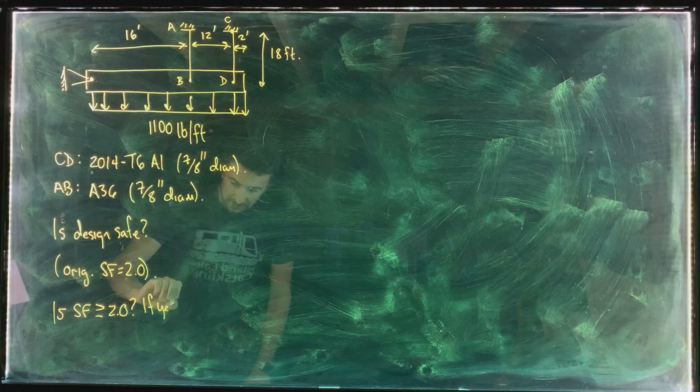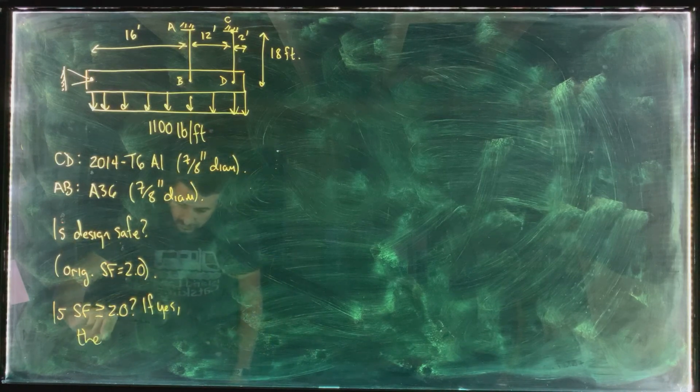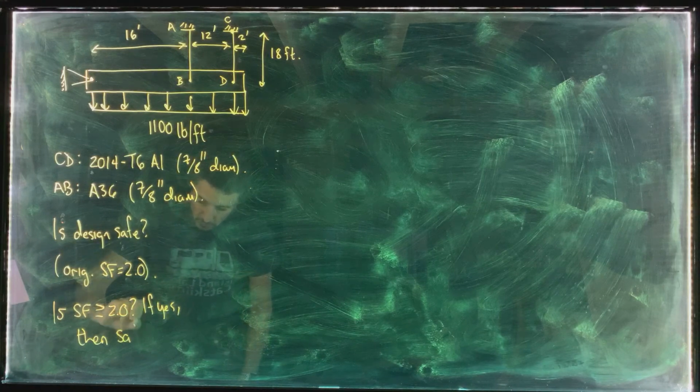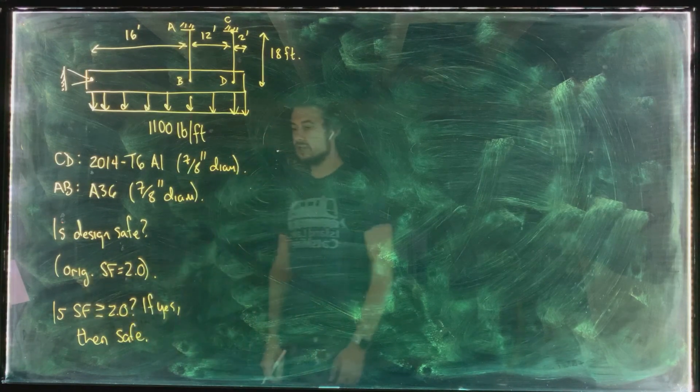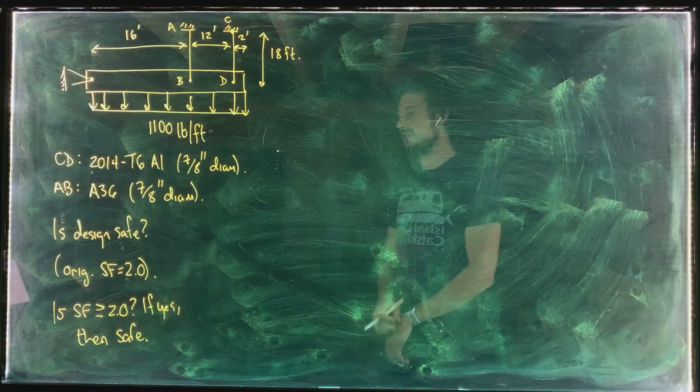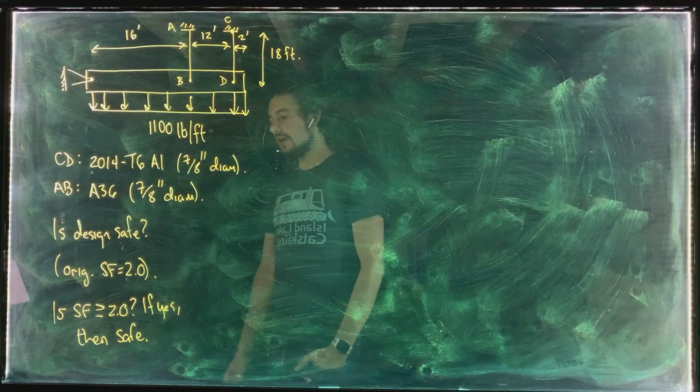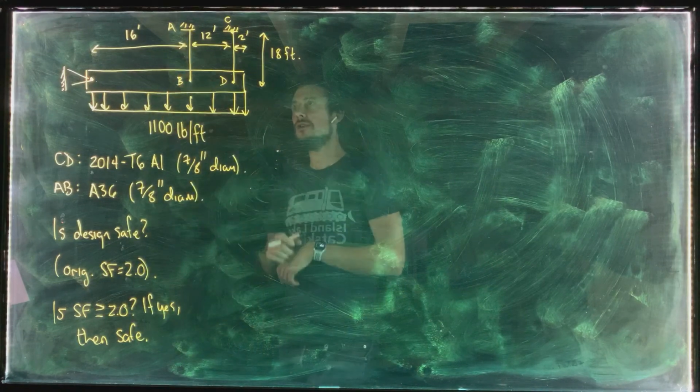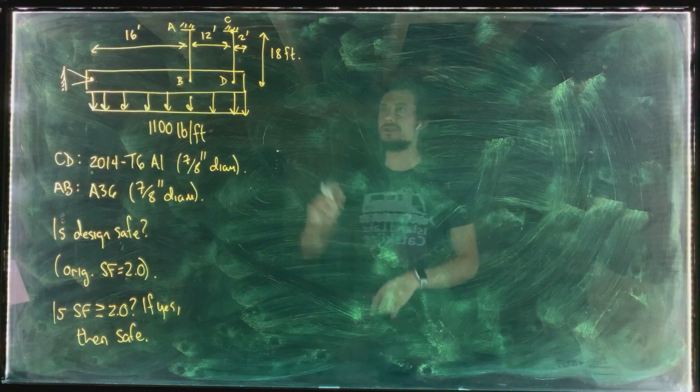If yes, then we're under a condition where the design is actually safe. So what we need to do is determine what the safety factor is of the two cables.